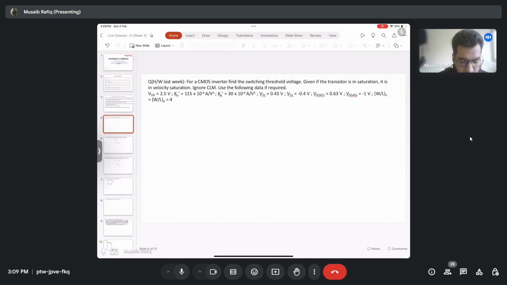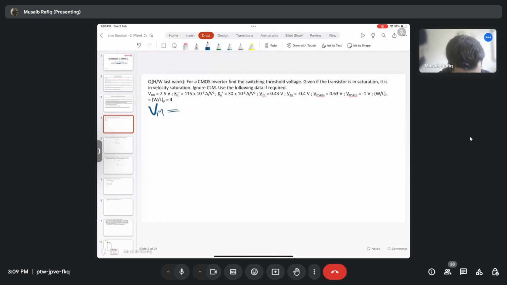So we need to find the switching threshold, which is defined by Vm, which is equal to Vtn plus Vd sat n by 2 plus R times Vdd plus Vtp plus Vd sat p by 2, divided by 1 plus R. R is defined as the ratio of Kp by Kn times Vd sat p by Vd sat n.